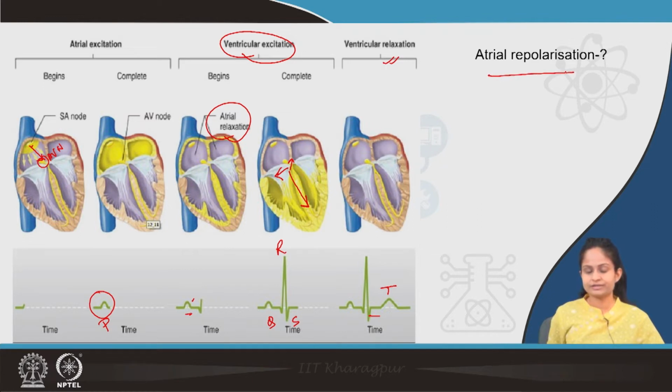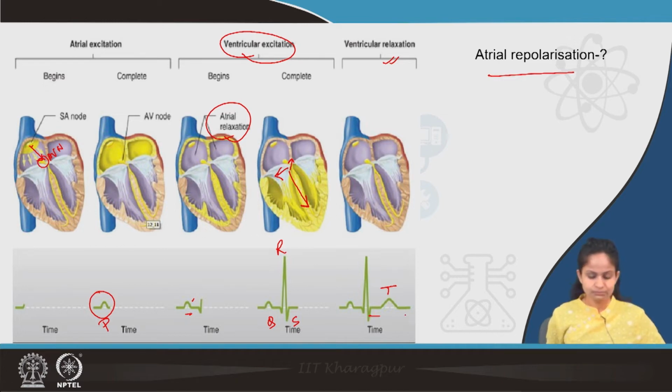This atrial repolarization actually overlaps the ventricular depolarization, and since the atrial musculature is very thin, we do not get to see the repolarization waves. What we see is the depolarization of the ventricles, that is the QRS complex, and that usually masks the atrial repolarization waves. If we want to stress the atrial repolarization wave, that will be in the negative direction. So, this is all about your last class which we had already described.